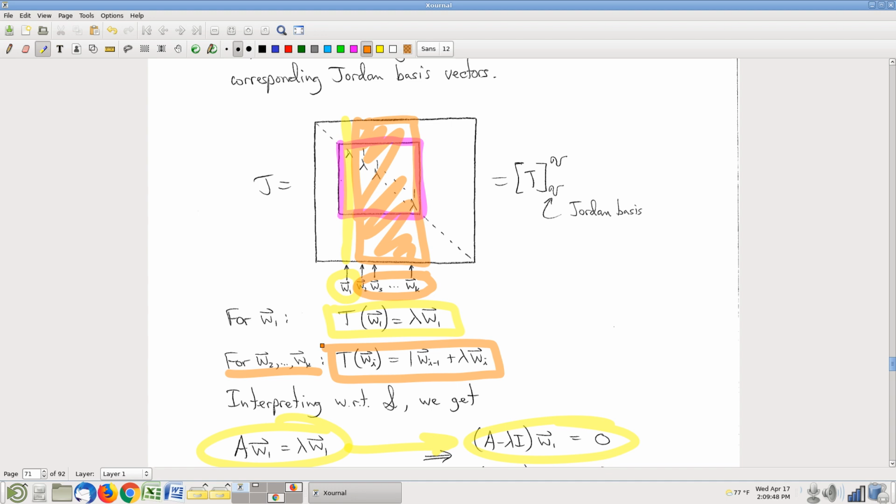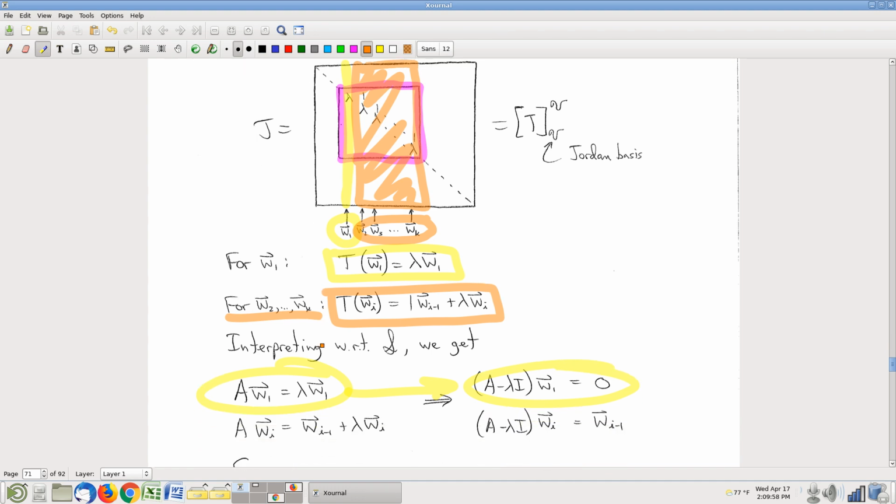Columns give you coefficients of images with respect to, of course, the appropriate basis, here the Jordan basis. So we get that, which, with respect to the standard basis, is that. And then if I pull the same trick where I take the lambda term and switch it over to the other side of the equation, I get this.